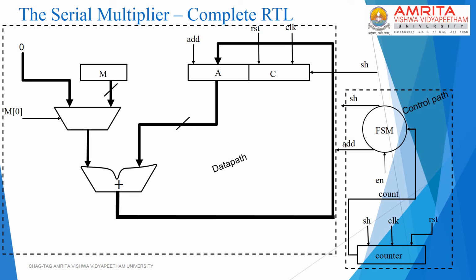The chief effort of the designer lies in identifying the data path and control path elements, and the sequence that we adopted previously for developing the serial multiplier RTL can be followed for identifying the RTL elements of a system.